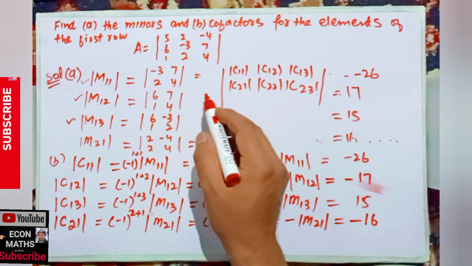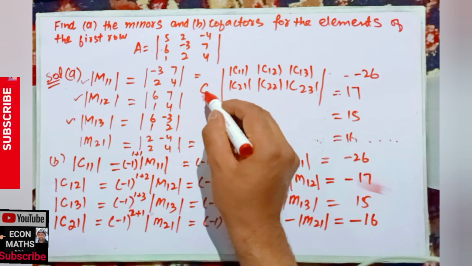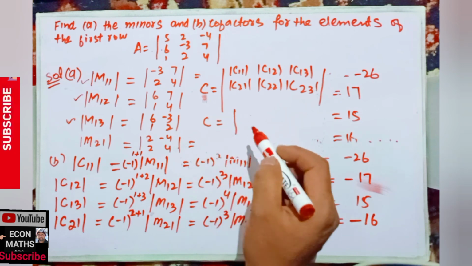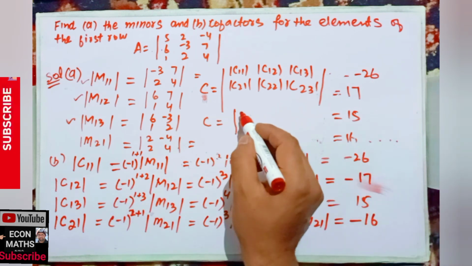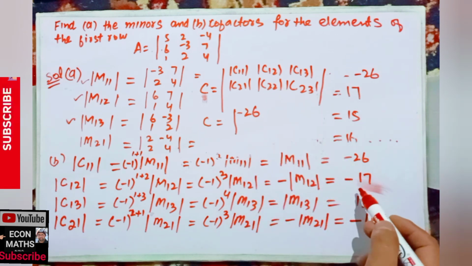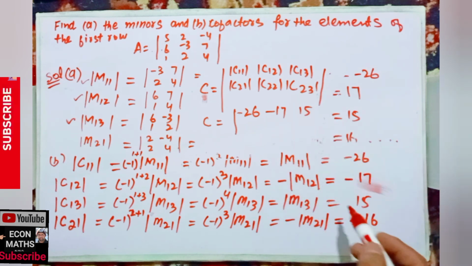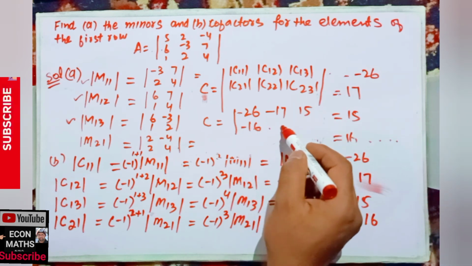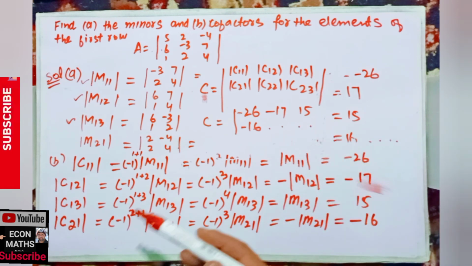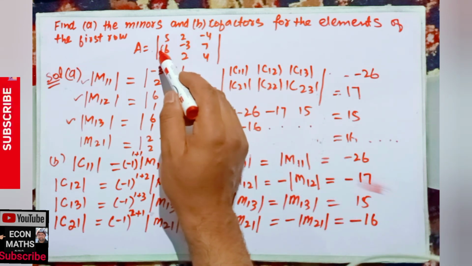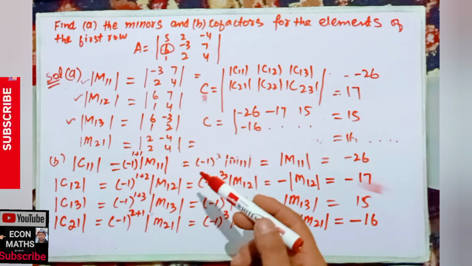If C denotes the cofactor matrix, then C is equal to, the first element is minus 26, here it is minus 17, and here it is 15. Then we have minus 16, and similarly we can find the other cofactors. But the question tells us to find the minors and cofactors for the elements of the first row, so we have calculated only those. In addition, we have calculated the minor for this element and its corresponding cofactor.